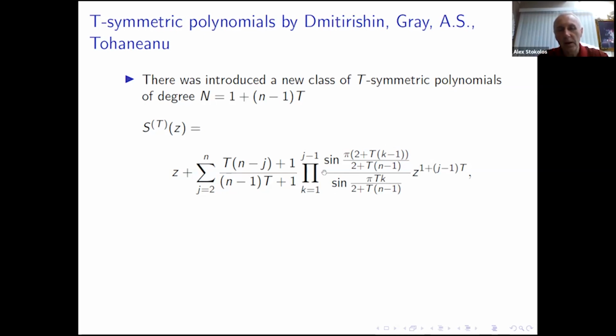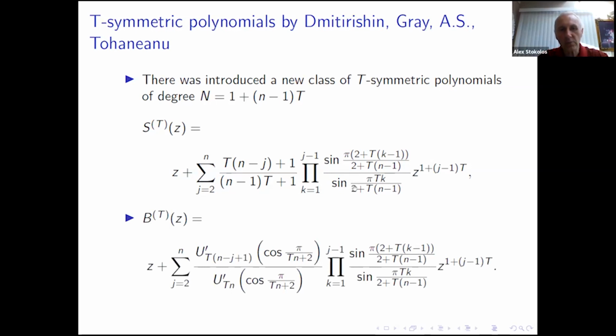So here is a strange product, but the secret is that this product mimics the coefficients of the t-symmetric Koebe function, and it converges to that function as n goes to infinity.